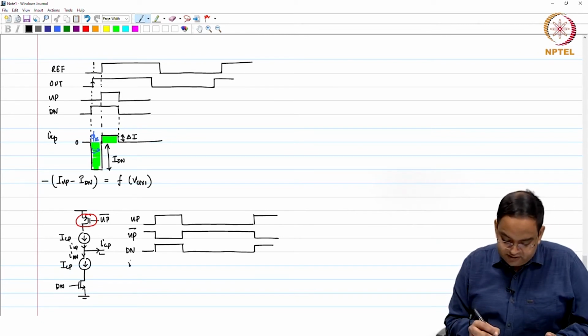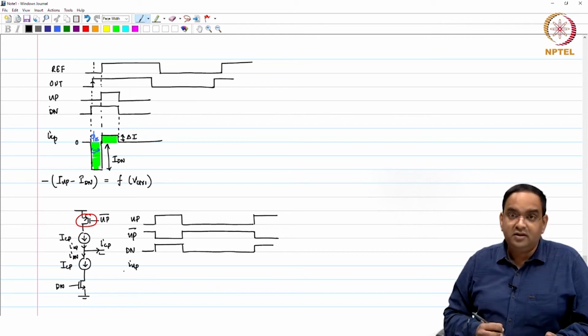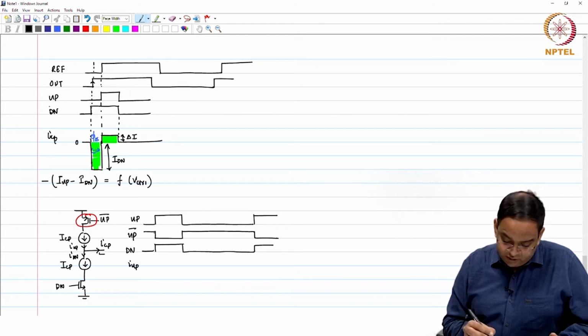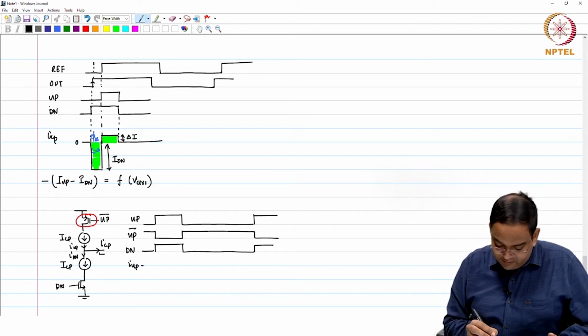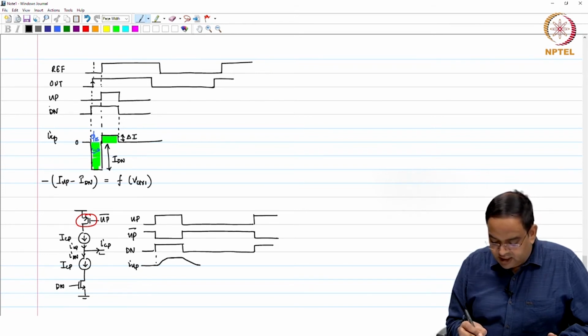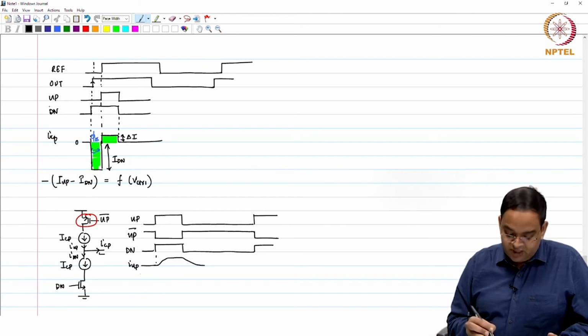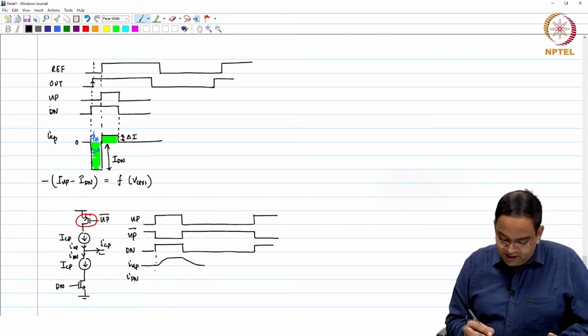When your up signal goes high here, the small I up current has some response time. It is PMOS, so it may have a slower response and it will do like this. This is I up. I down is a little faster, so it may do something like this.